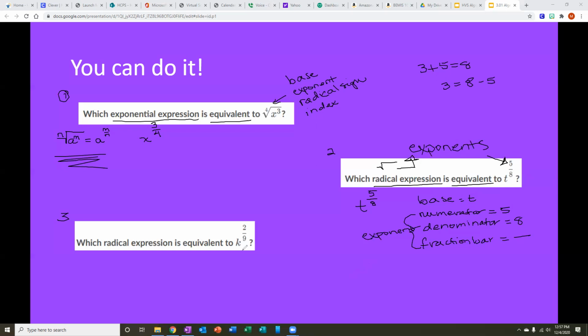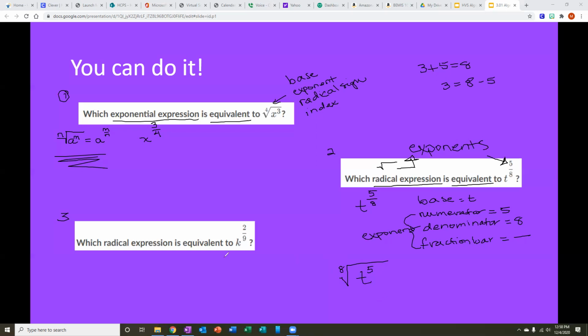The rule is that the base stays the same. The fraction bar becomes the radical sign. The numerator becomes the exponent, and the denominator becomes the index. So I now have an equivalent expression. It means the same thing, just written with the inverse operation.